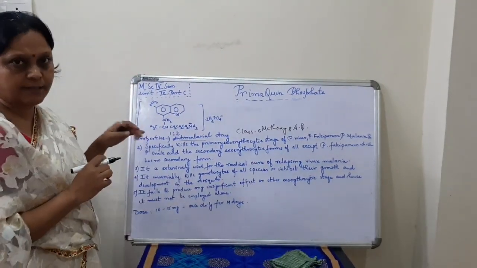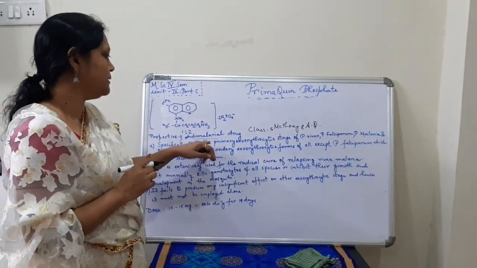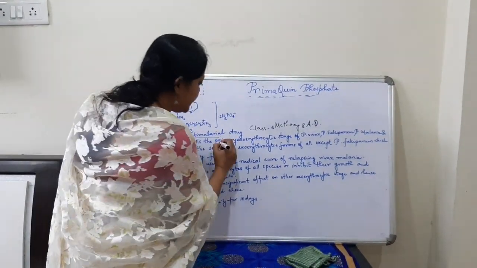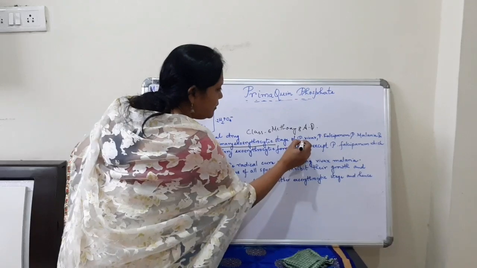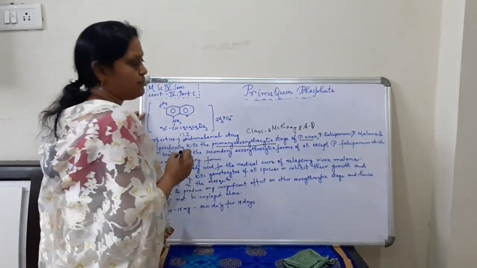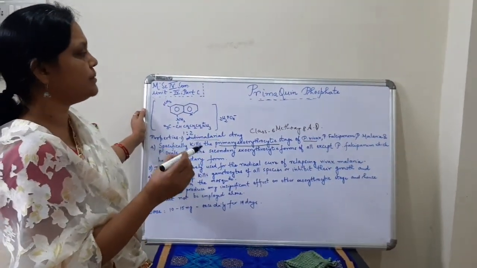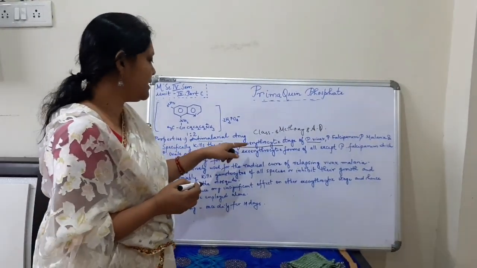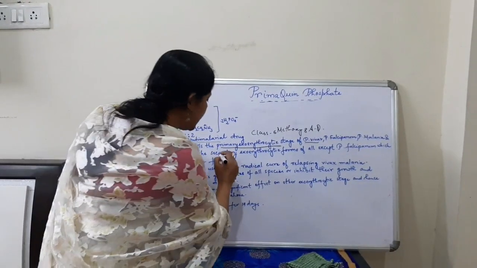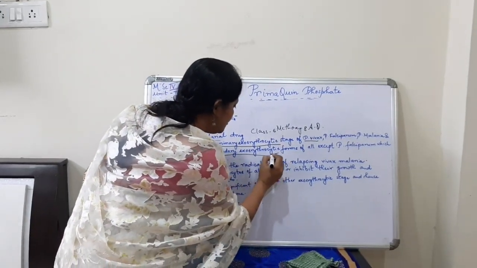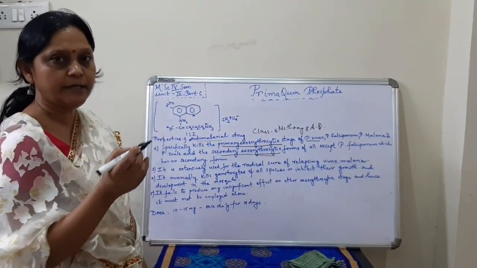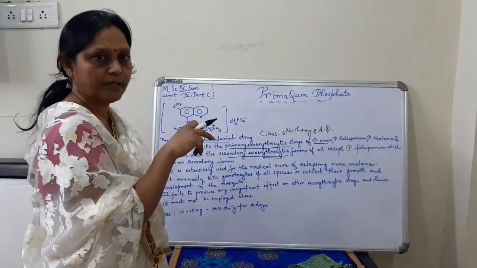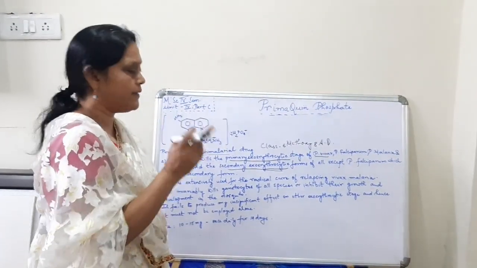This has the ability to specifically kill the primary exoerythrocytic form of Plasmodium vivax, Plasmodium falciparum, Plasmodium malariae and Plasmodium ovale. So these primary and secondary exoerythrocytic forms are the intermediate stage between the vector, that is the mosquito, and the human body.